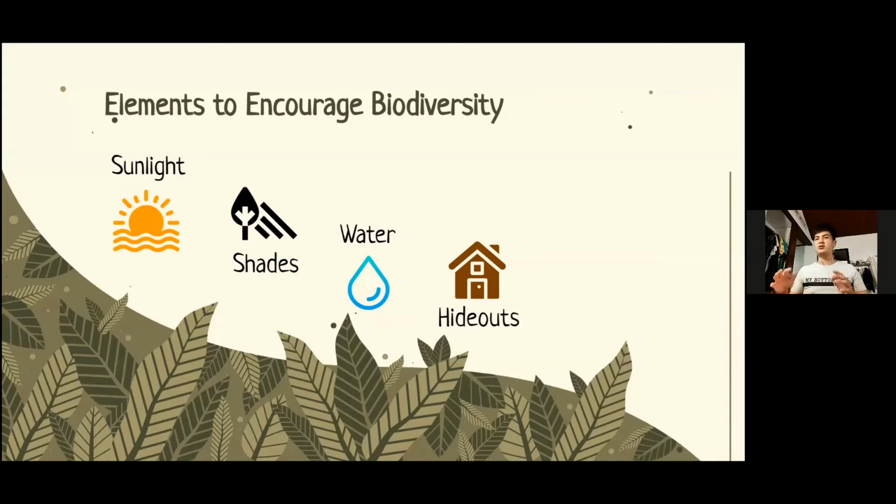And if you want to encourage biodiversity, you need to build or prepare a hideout for some of the animals, like maybe small lizards, what we call skinks, or frogs, or any other things that you want.